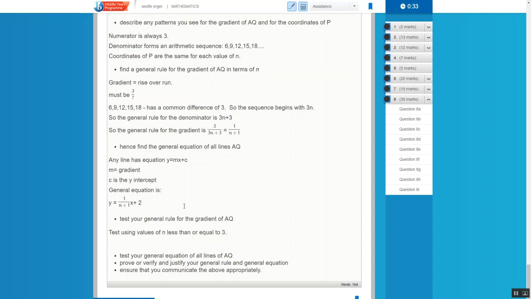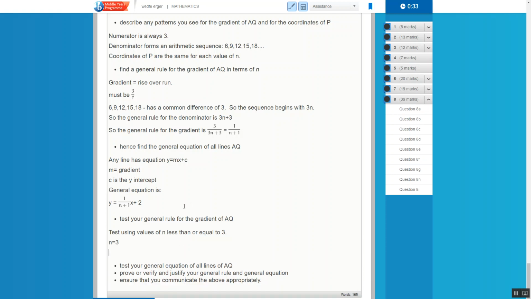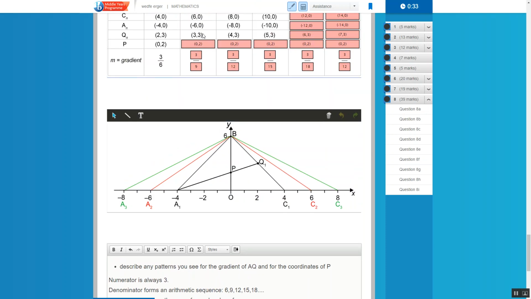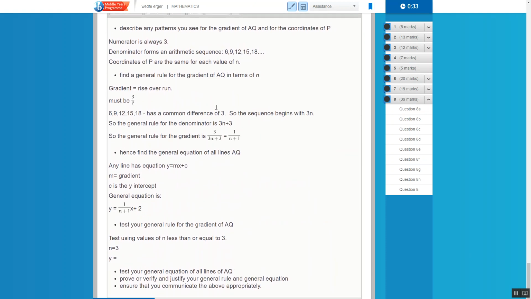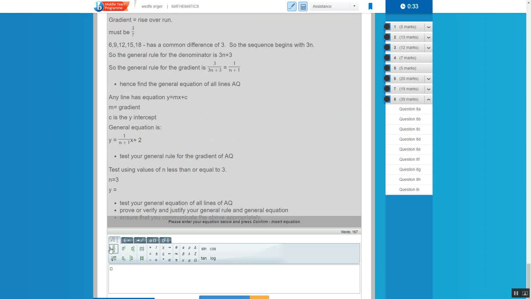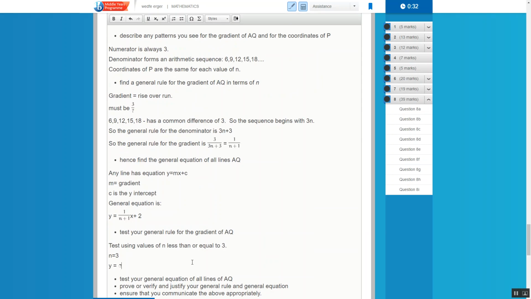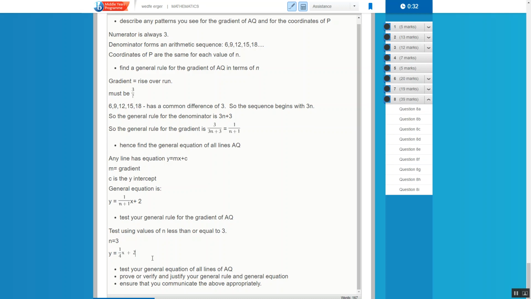Let's say n is equal to 3. We have y is equal to 1 over, and so let's change 3 into this formula, so that's 3 plus 1, so that's 4, and then plus 2. So quarter x plus 2.